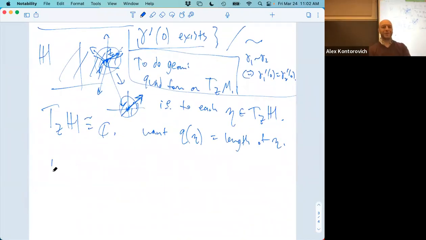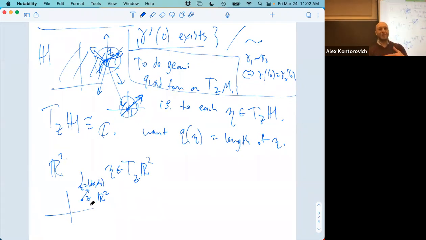So let's think about this. Let's go back to R2. In R2, the charts are in the same way, translation. What's the quadratic form? I have an eta in the tangent space to z in R2. Here's some point z in R2. Eta is typically denoted dx, dy.